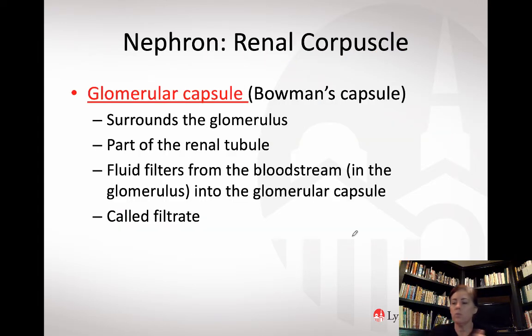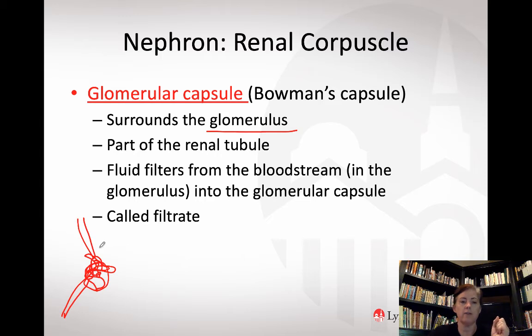And the glomerular capsule is going to be surrounding the glomerulus, so basically it can catch all of that filtrate that's moving from the glomerulus. Here's my glomerulus, my tangled knot of capillaries, and here's my arteriole leading out of it, and then we can draw this capsule around it.